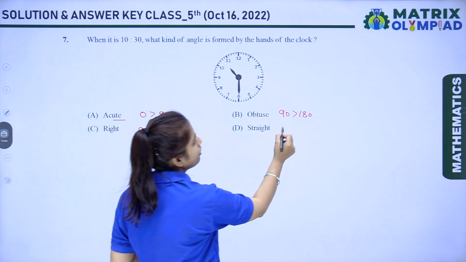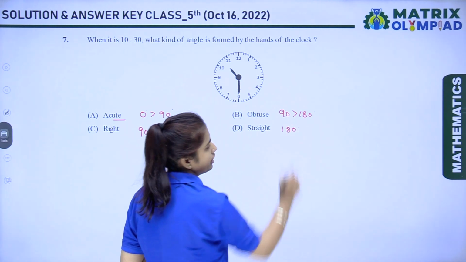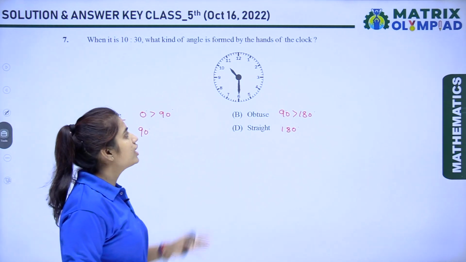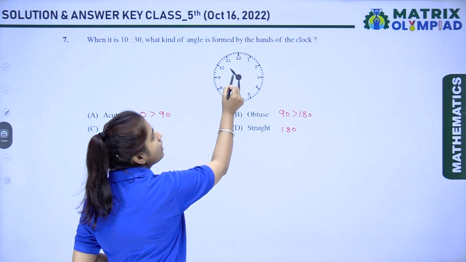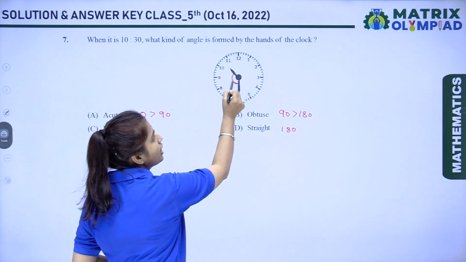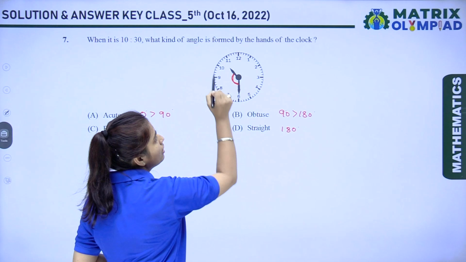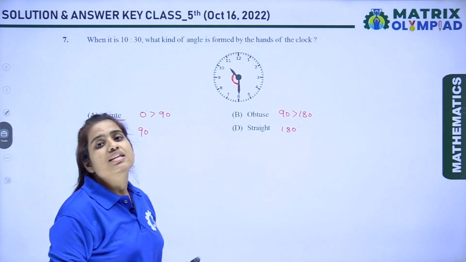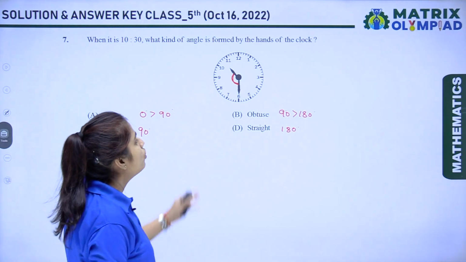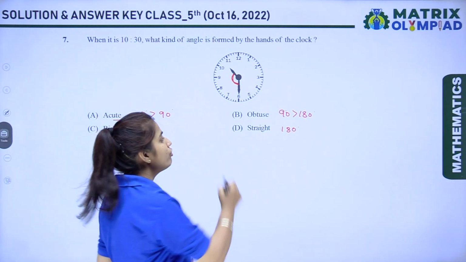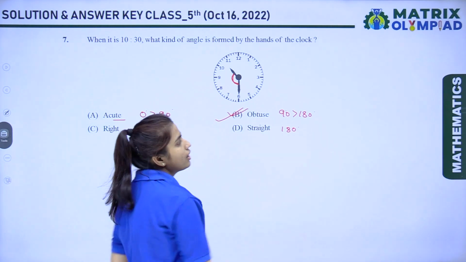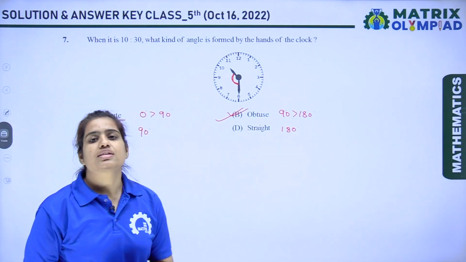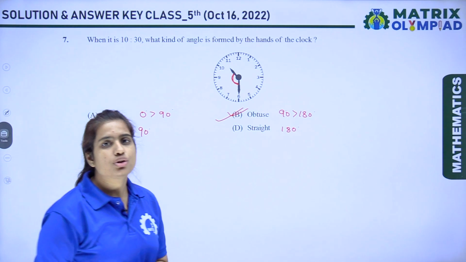And for the straight angle, we have 180 degrees. Now, from the figure, we can say that the 2 arms making the angle are more than 90 degrees, but less than 180 degrees. So, according to the options, we will go for option B. So, obtuse angle is the correct answer for the question.